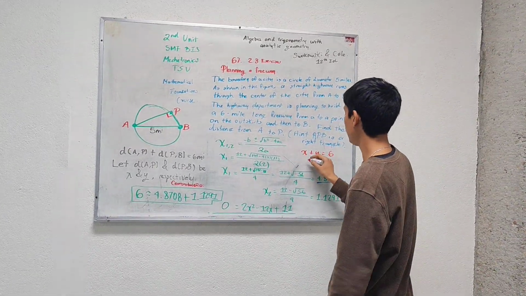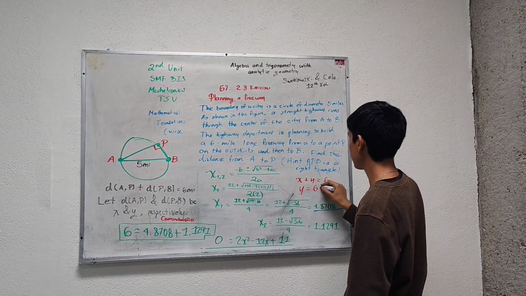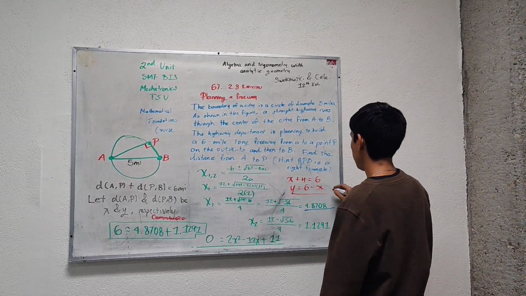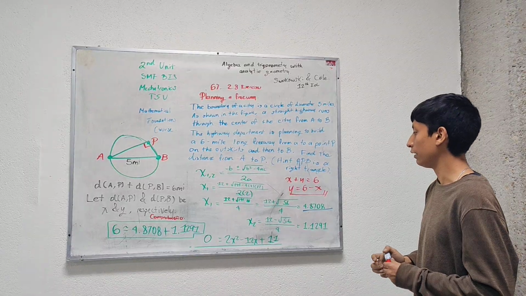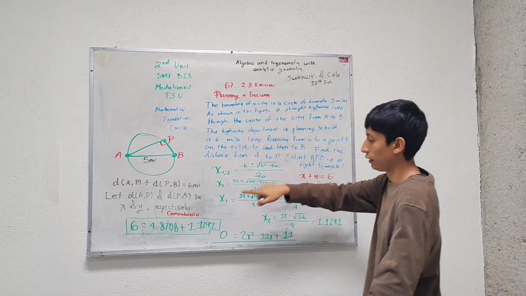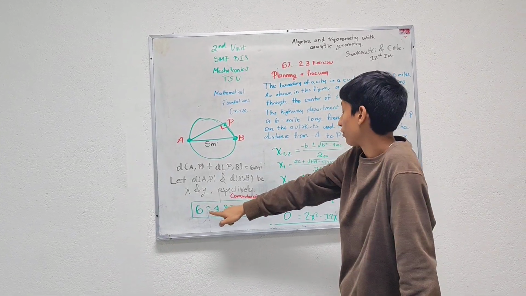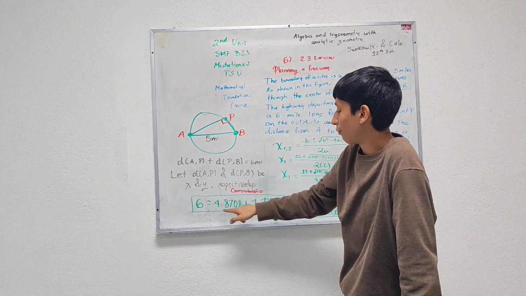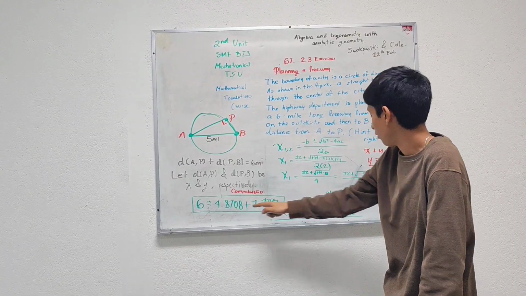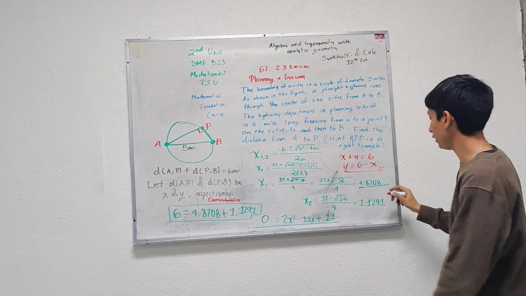And we say that y was going to be equal to 6 minus x. So right here we need to take this, and we can say that 6 is approximately equal to 4.8708. That is the answer for the distance from A to B.